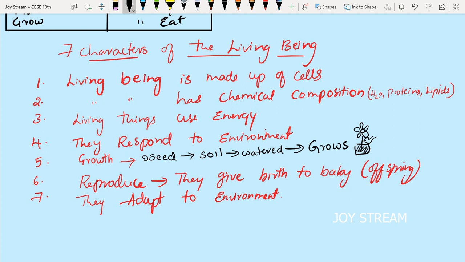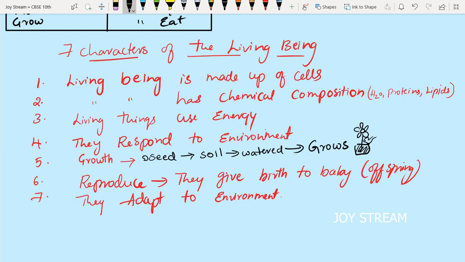As a living being there will be growth and reproduction. What does a living being do? It reproduces. A new life comes from an organism. It has the ability to give birth to a new life, an offspring, a baby. Reproduction means a living being can give birth to a small baby.